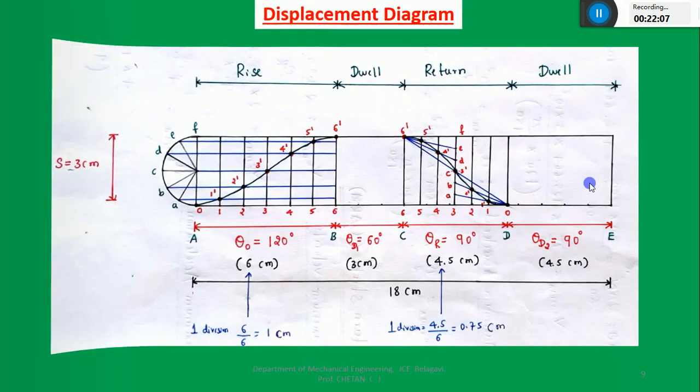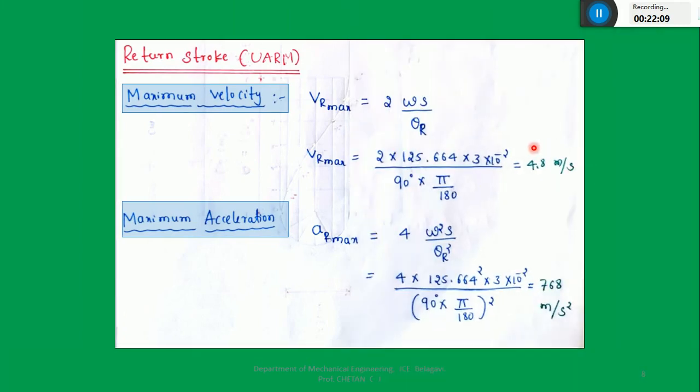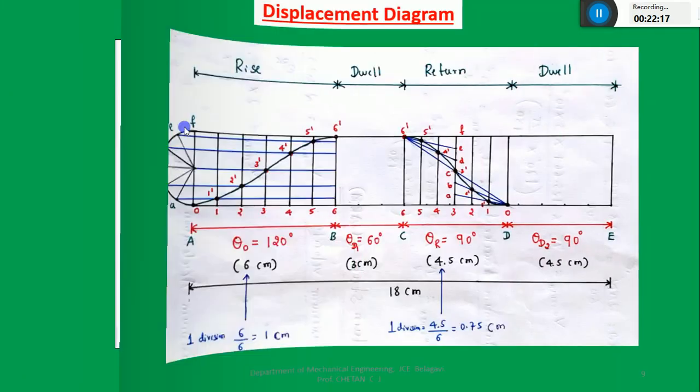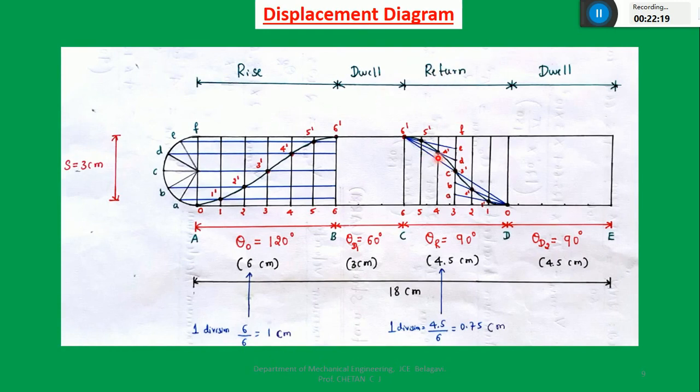I hope this is clear. I'll go to the next slide. After calculating the maximum velocity and acceleration during outstroke and return stroke, I'll go with the displacement diagram. This is the displacement diagram you need to draw. In the next slide, I'll explain how to draw it.